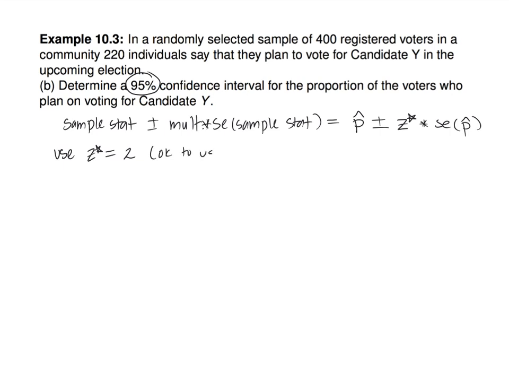It's okay to use 1.96. As long as you show your work and your work is correct, I will give you credit for using either one of those. It doesn't matter to me.